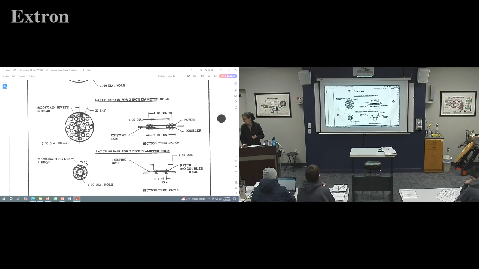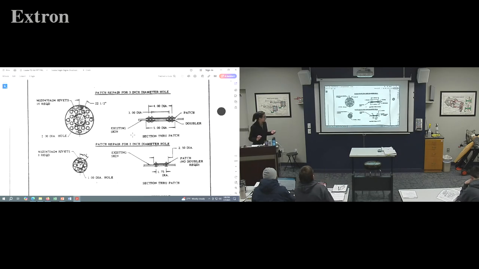So, this is the manual that you're going to use for the lab. It's not great quality. However, it shows that the patch is to be on top and has the same rivet spacing, size, everything as the other one.